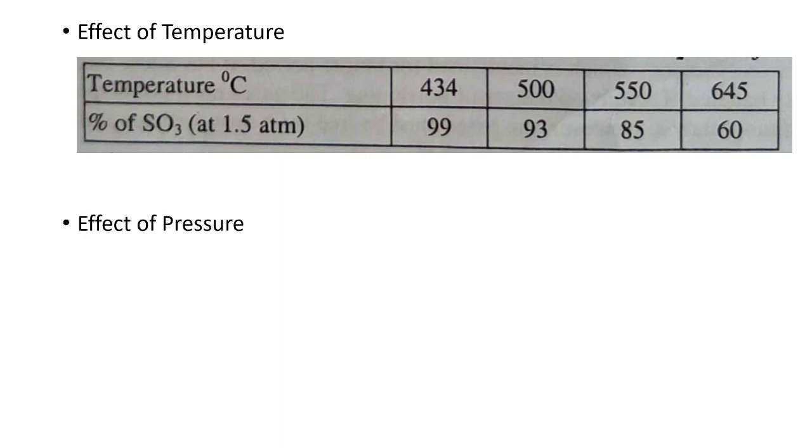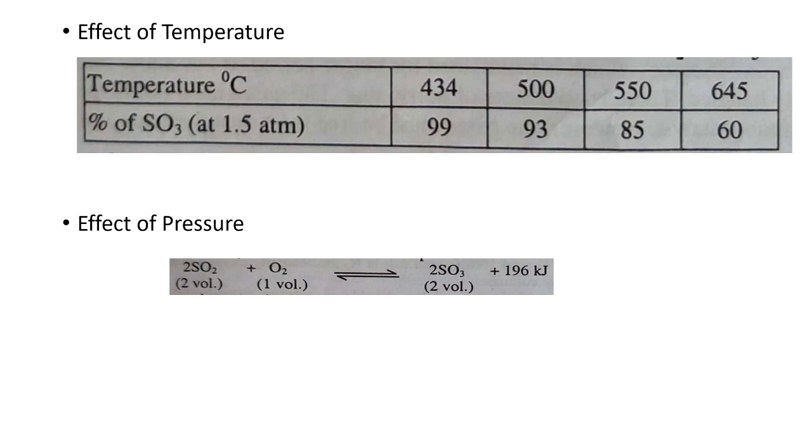Now we'll see the effect of pressure. First again we'll see the reaction here. This is the key step reaction where sulfur dioxide is converted to sulfur trioxide. Look at the reactants. There are two volumes of sulfur dioxide and one volume of oxygen, whereas in the product you get two volumes of sulfur trioxide. That means here the volume in the product goes on decreasing.